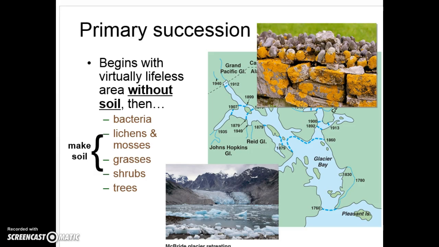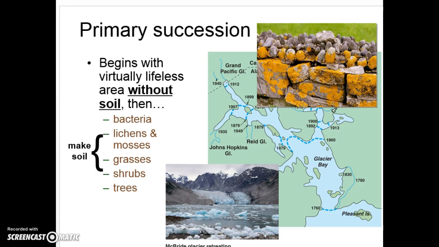So if the disturbance was something, for example, like the movement or retreat of a glacier or the eruption of a volcano, when the actual community is brought down to even the soil being removed, so everything is wiped out, and we have basically a lifeless palette to build upon, then we have what's called primary succession take place.